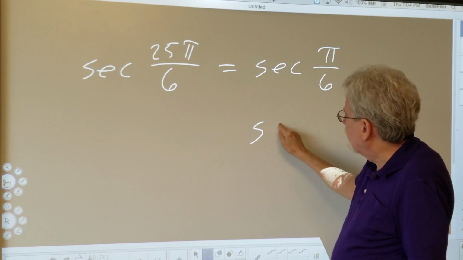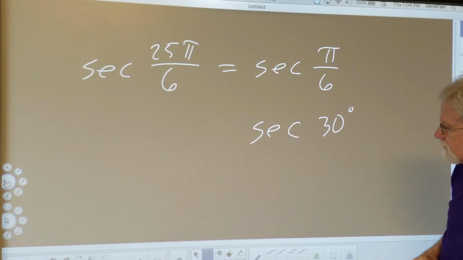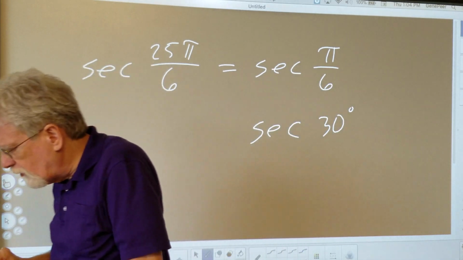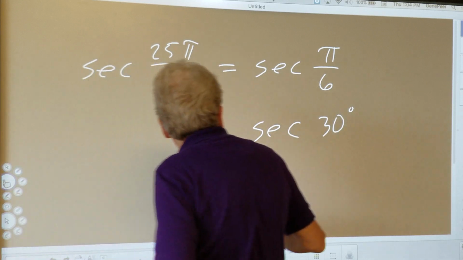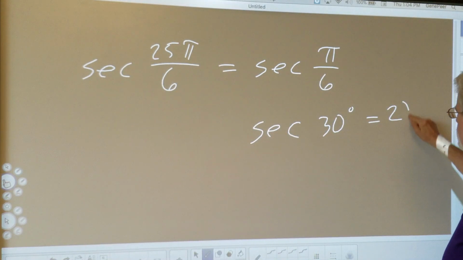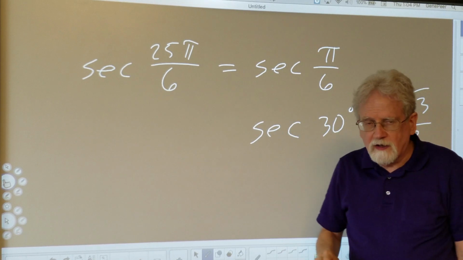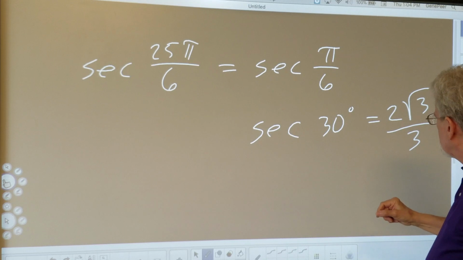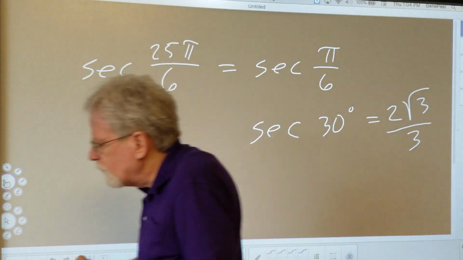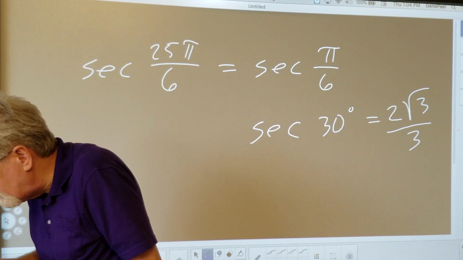And of course, if you prefer degrees, that's the secant of 30 degrees. And the secant of 30 degrees turns out to be 2 square root of 3 over 3. It's of course the reciprocal of cosine, and cosine would have been, what is cosine? Do I have it written down here? I don't want to think it through again, trying to save some time here.